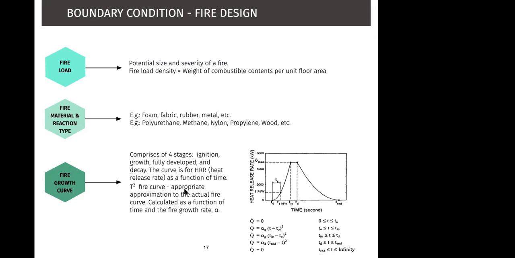So this is called the T-square fire curve, and it is defined by NFPA. And you can get the values for alpha G and alpha D from NFPA to define a proper fire growth curve.